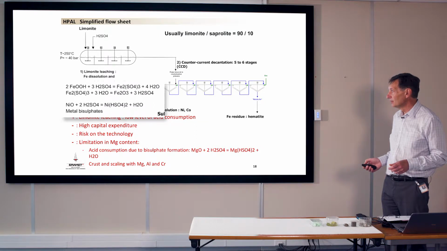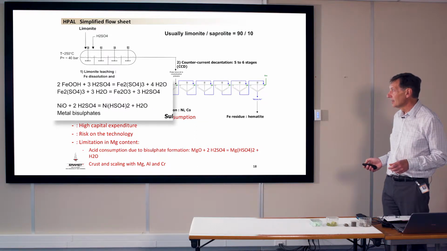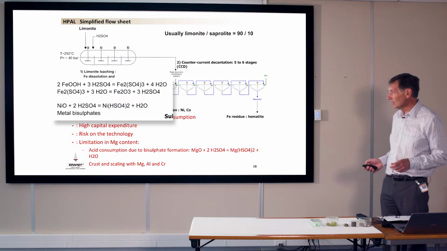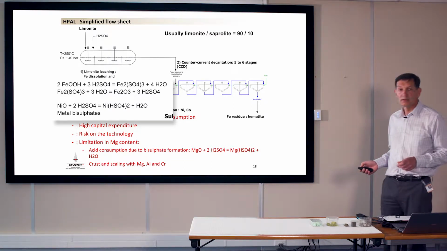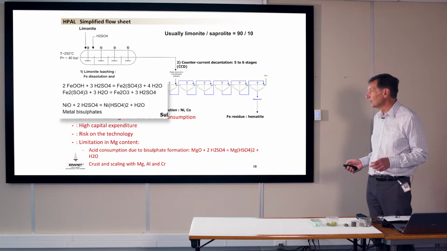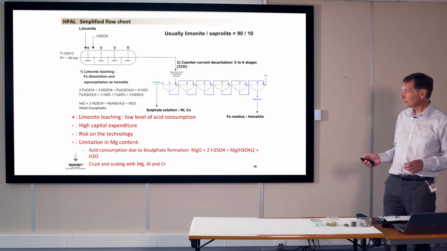You see the dissolution of the goethite, formation of ferric sulfate, and reprecipitation of the ferric sulfate as hematite. The nickel is also dissolved by this equation, and you form a metal bisulfate of nickel.